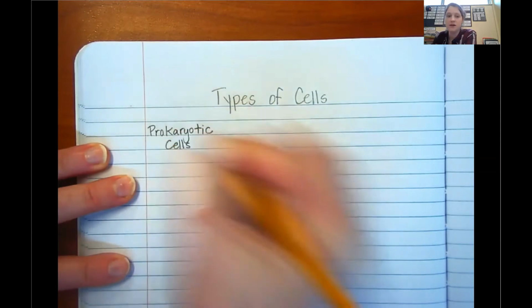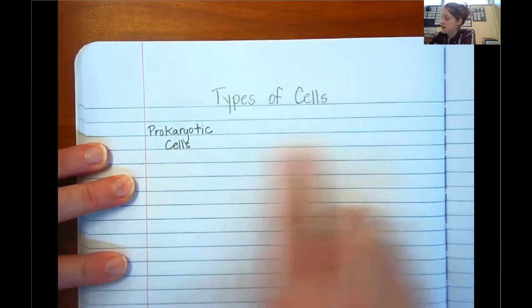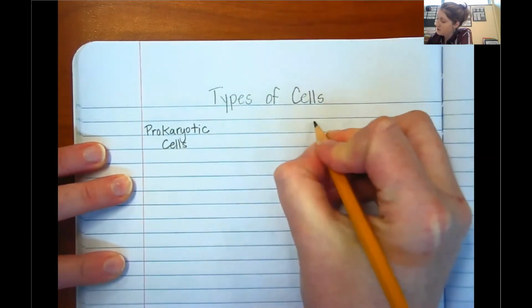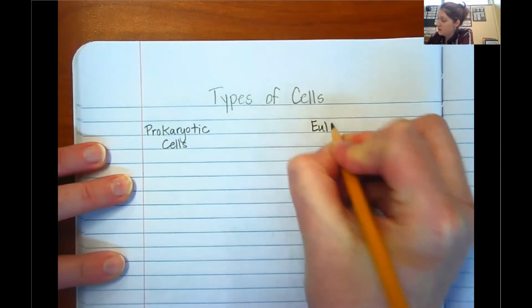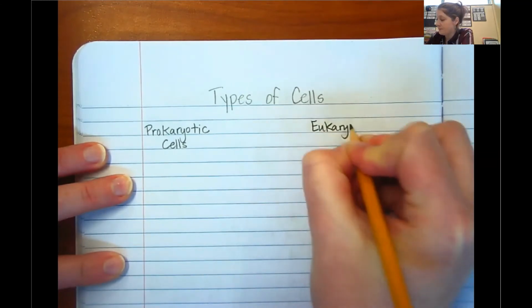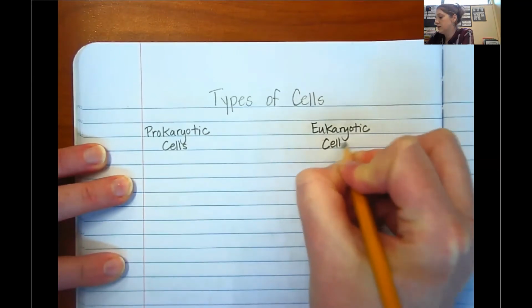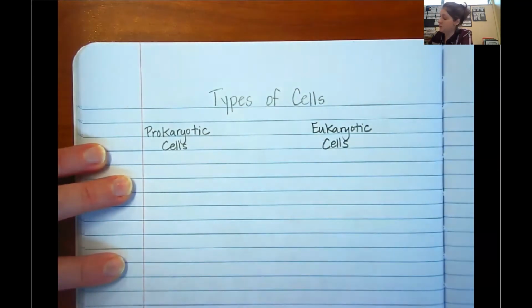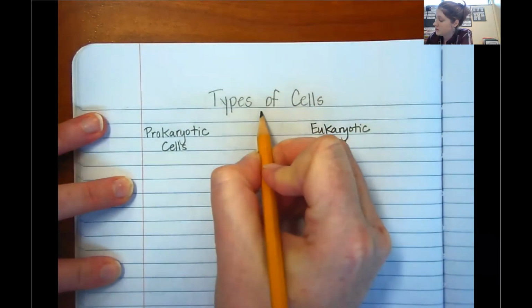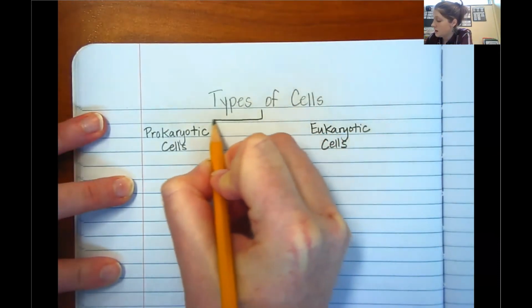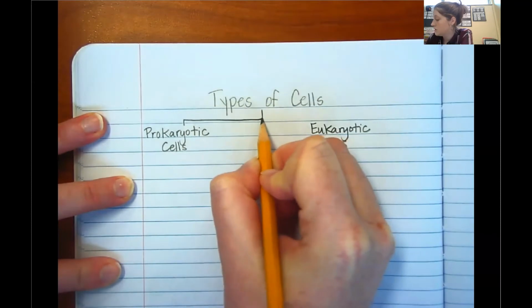I'm going to put this on the left side. On the right side, I'm going to put eukaryotic cells. And then for both of those, I am going to kind of turn this into a chart.